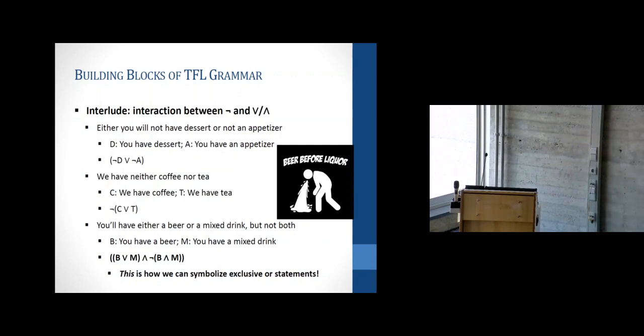It also says it's not true that you will have both, but we're also saying you will have either one of them. So I'm saying you will either have beer or a mixed drink, and I'm adding the information that it's not true that you will have both. Okay, so now we have a way to write down the exclusive or using the disjunction, negation, and conjunction.